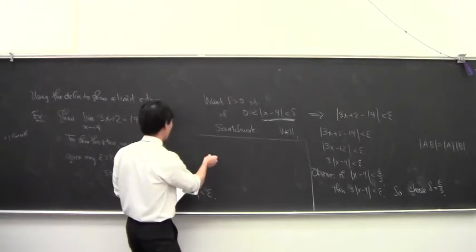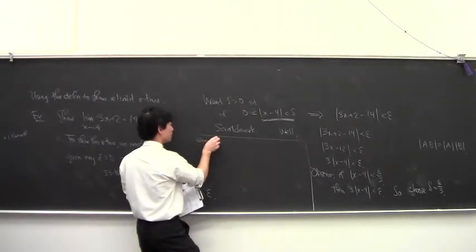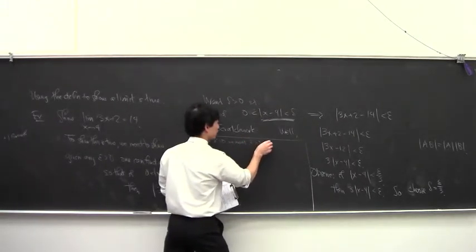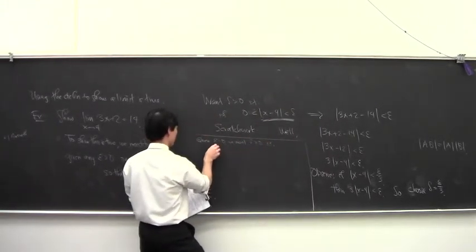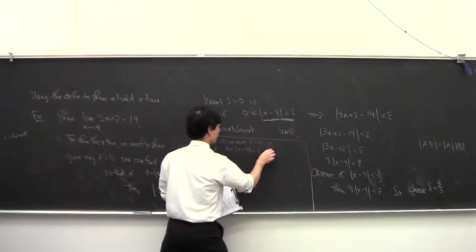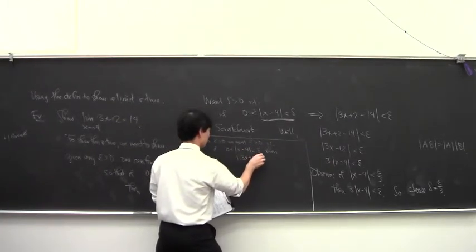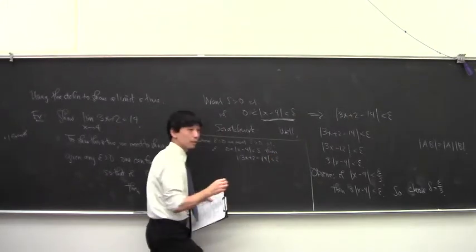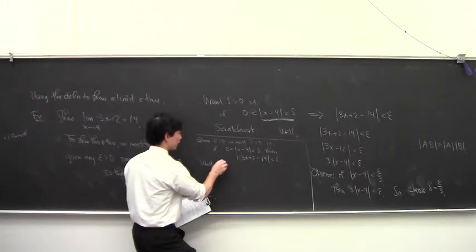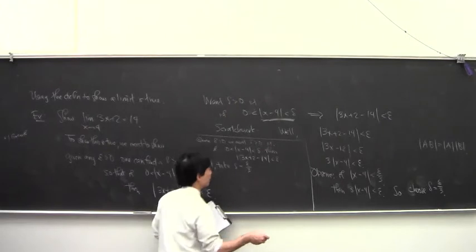So here's how you would write it up. You'd say, given epsilon, we want delta so that if this is smaller than delta, then this is smaller than epsilon. Okay, you'd say, well, take delta to be epsilon over 3.